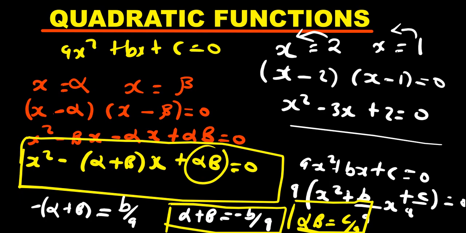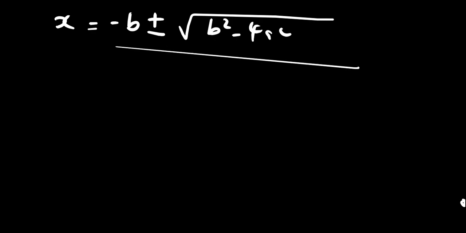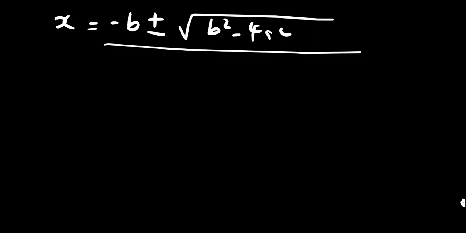Okay, then let's mention something very critical. Let's say you're given the formula x is equal to negative b plus or minus the square root of b squared minus 4ac, over 2a. Now you know that this is the general quadratic formula.